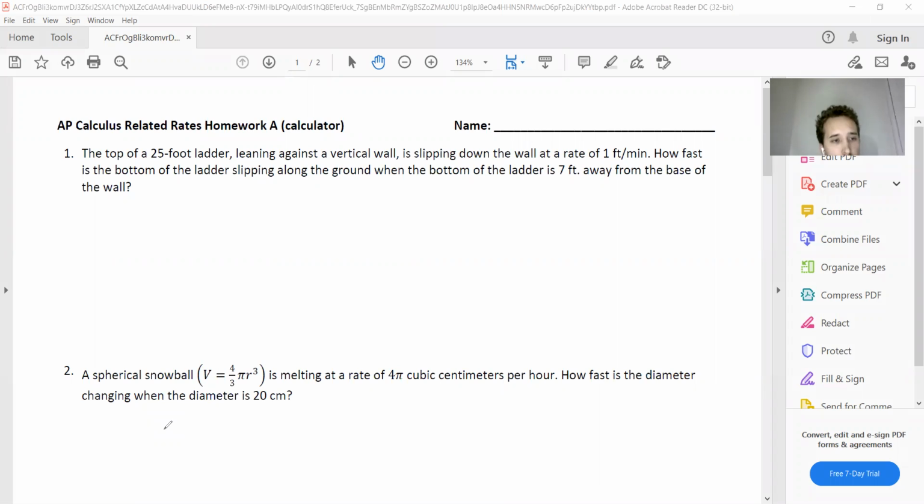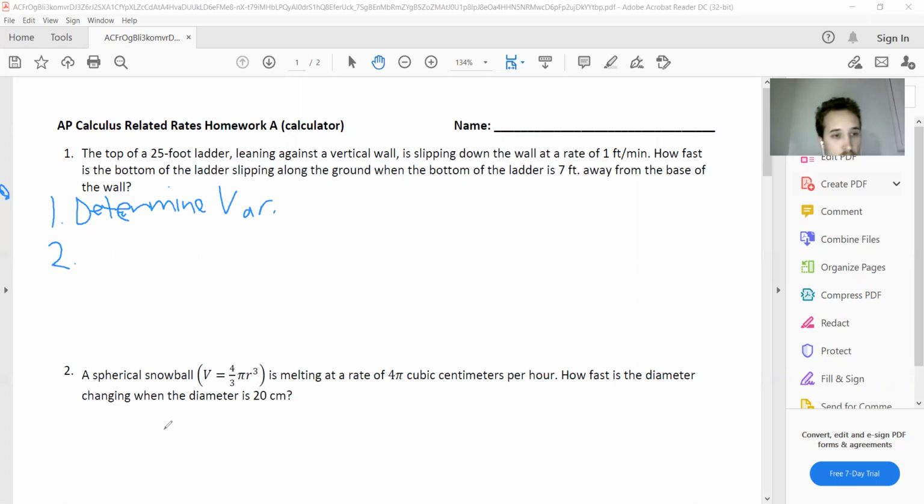One, determine variables. First you need to determine your variables.